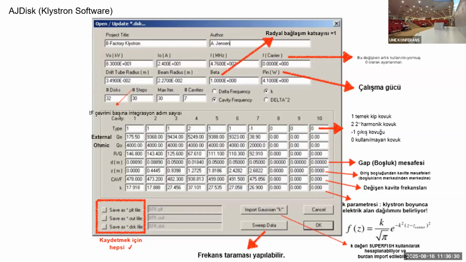Beta. What's beta? We have told, it's the coupling coefficient. How do you write it? I don't know. Yes, you can write it. 1. It's okay. You have to try it.